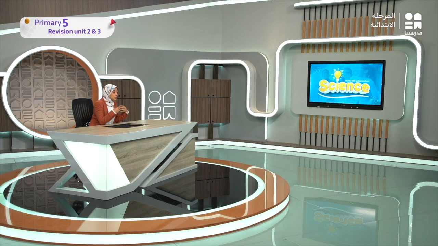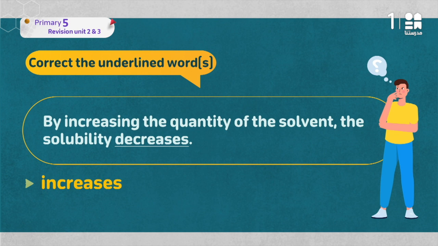What else? By heating. As we increase the temperature, the solubility speed increases. And also the kind of solute affects the solubility process. So here, if we increase the quantity of solvent, what happens to the solubility? It also increases.